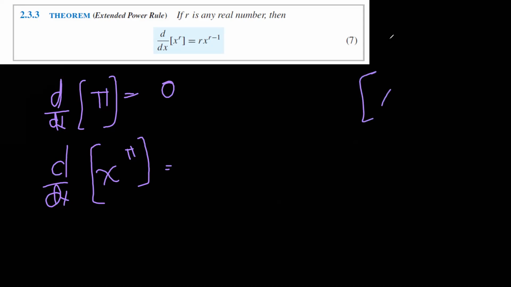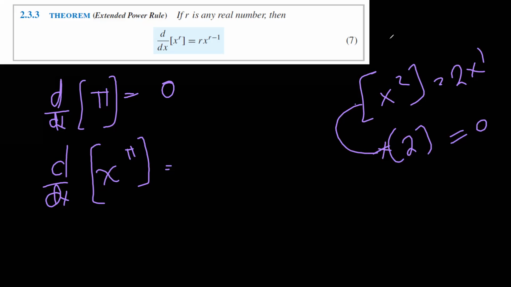I know that the derivative of x squared is 2x raised to the power 1, but the derivative of 2 is 0. But this one is different than x squared. And here also is the same. The derivative of pi is 0, but the derivative of x raised to the power pi is pi x raised to the power pi minus 1. Is it clear now? Yes, teacher. Yes.